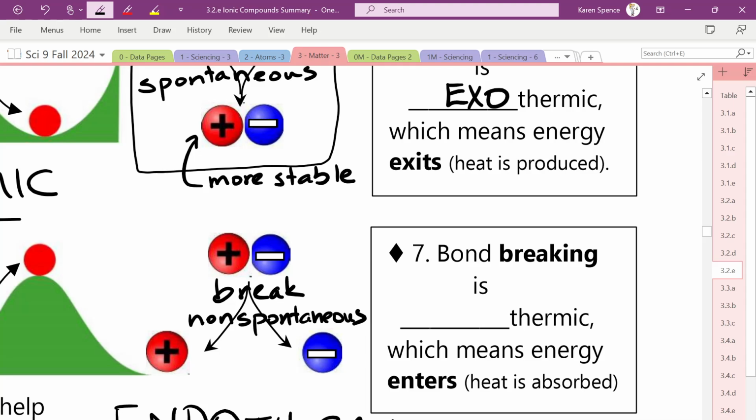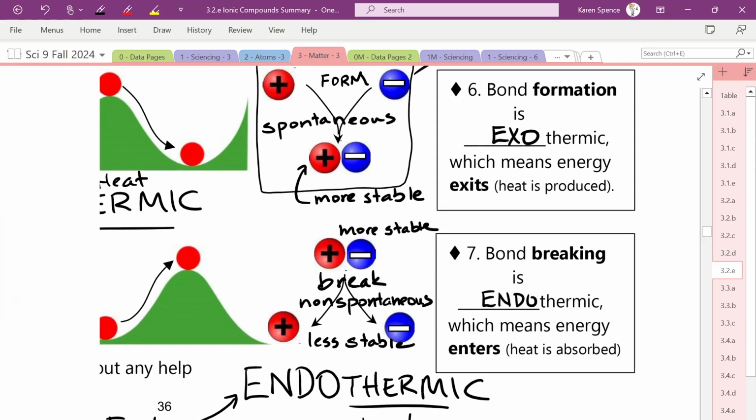And if it's non-spontaneous, we have to put energy in. We're going from more stable to less stable. So breaking that bond, is that going to be endothermic or exothermic? Endo. Excellent.